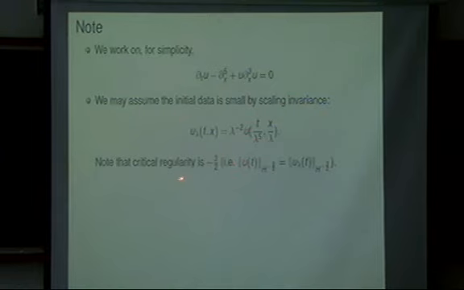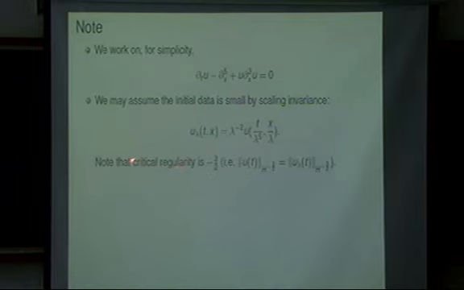It is because the critical regularity for this problem is negative 3/2. So if the critical regularity is less than 0, then when we look for the solution for s greater than or equal to 0, it is a subcritical problem. So for large initial data, we want to find the short time solution.